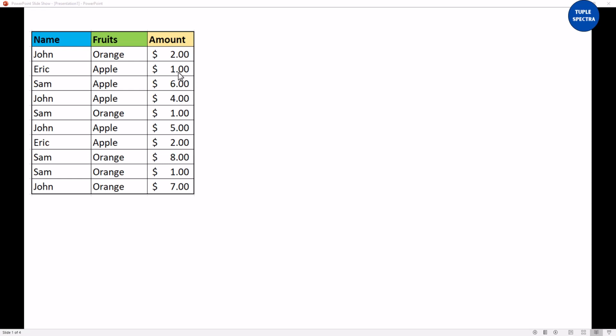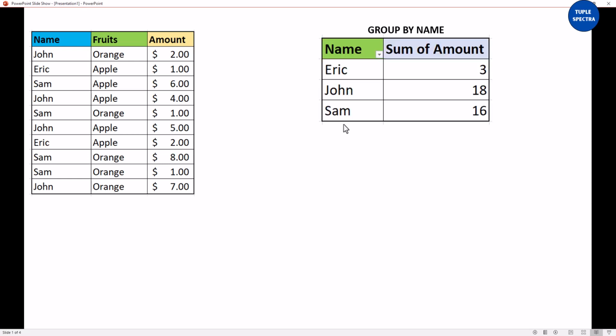Now if you want to group these by the name column, that means we can segment this data into three names: John, Eric, and Sam. So if I want to get the total amount that each person spends at the grocery store, we can do a grouping here.